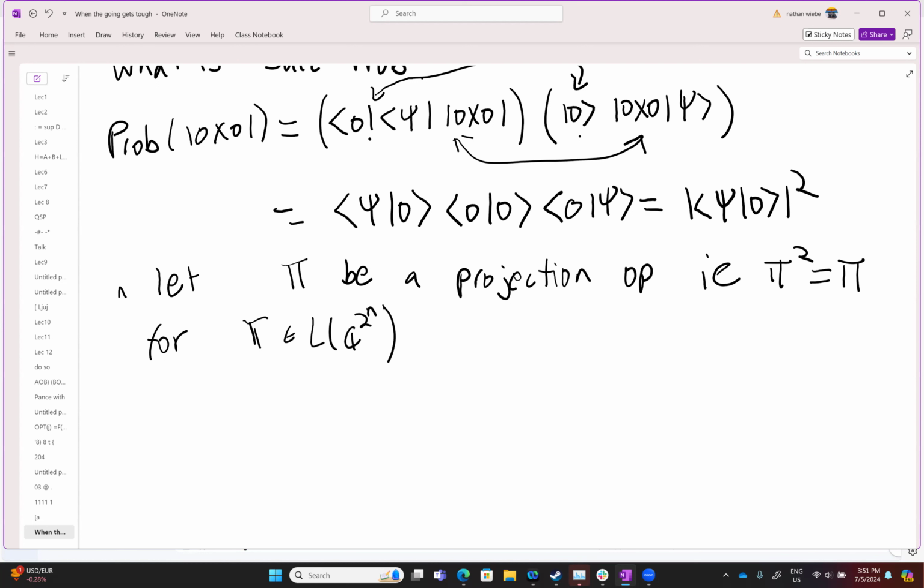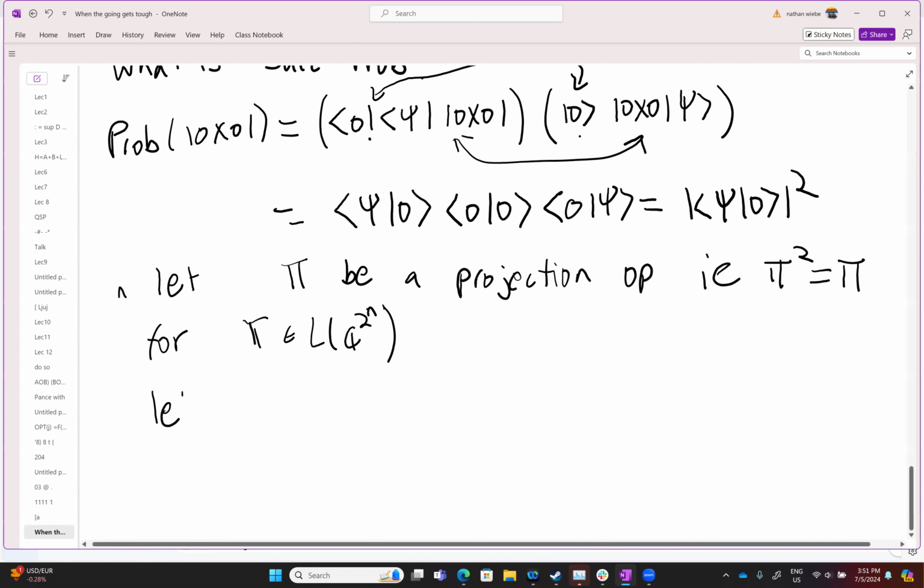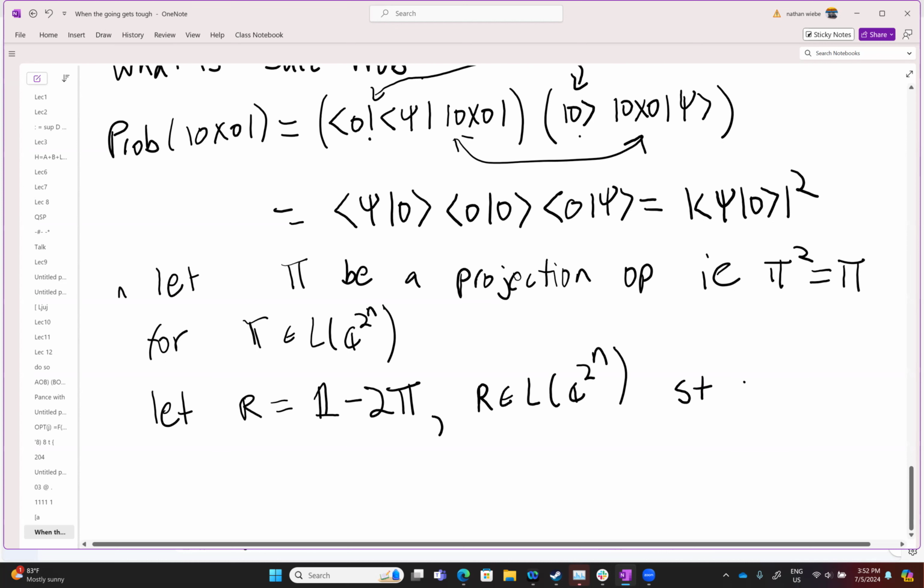Now we can carry through the exact same logic that we did with Z, now using a reflection operator. Let R be a reflection operator, which is equal to identity minus 2 pi. Again, just to remind you, a reflection operator is a linear operator acting upon a 2 to the n dimensional Hilbert space such that R squared is equal to identity.